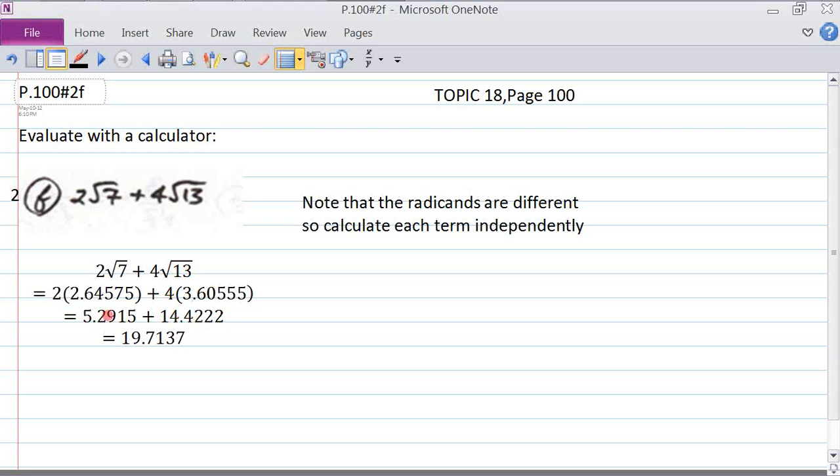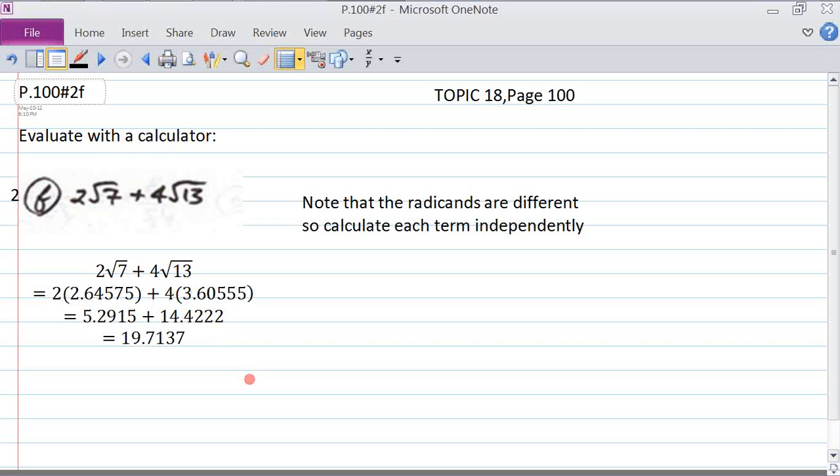When we add the 5.2915 to the 14.4222, we get this. Now, both these numbers, the root of 7 and the root of 13, are irrational numbers. So I just terminated the number after the 5, but these are irrational numbers, which means they don't terminate and they don't repeat.